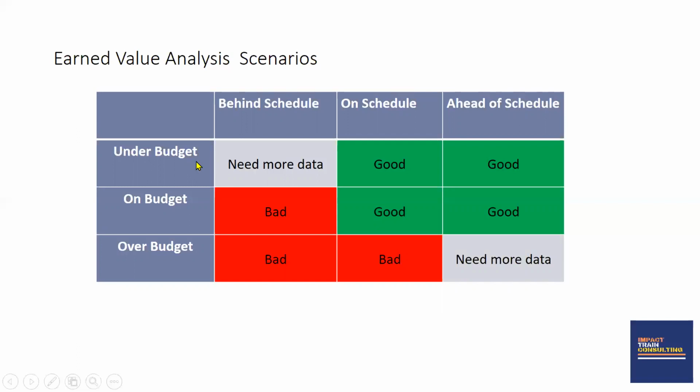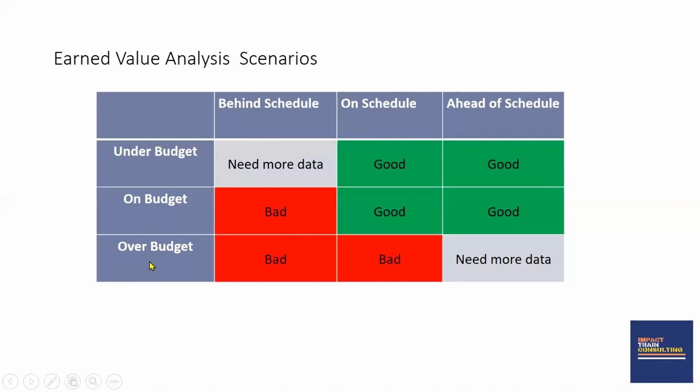But when you are underspending and you are on schedule, it is good. When you are underspending and ahead of schedule, it is good. When you are on budget and you are behind schedule, it's a very bad situation to be. When you are on budget and on schedule, it is good. When you are on budget and ahead of schedule, it is good.